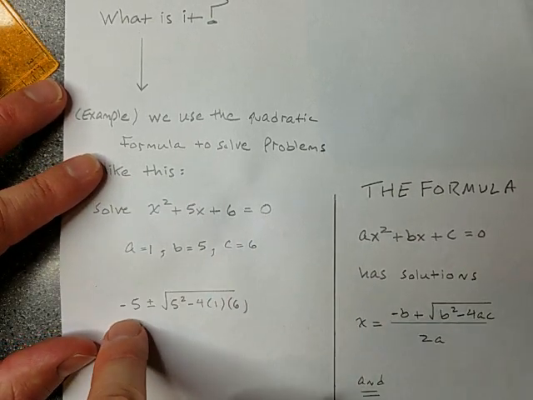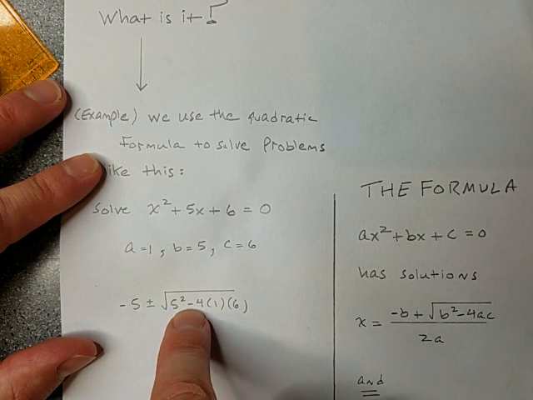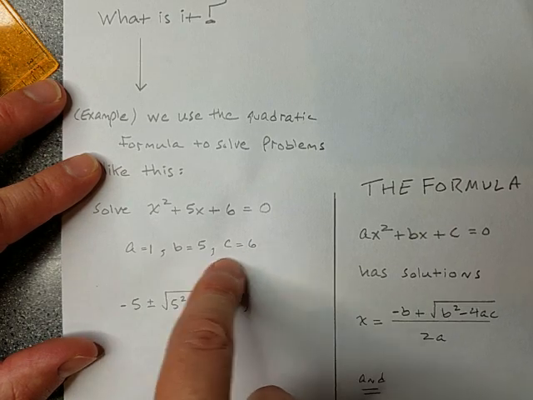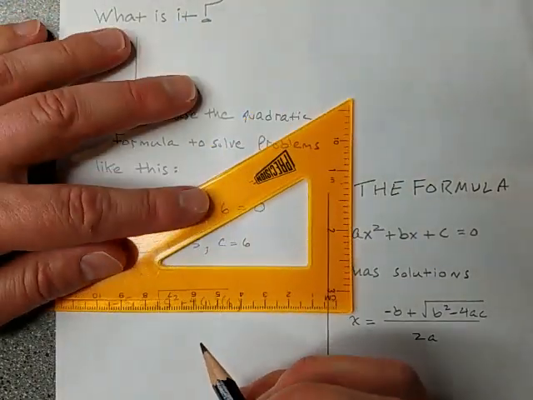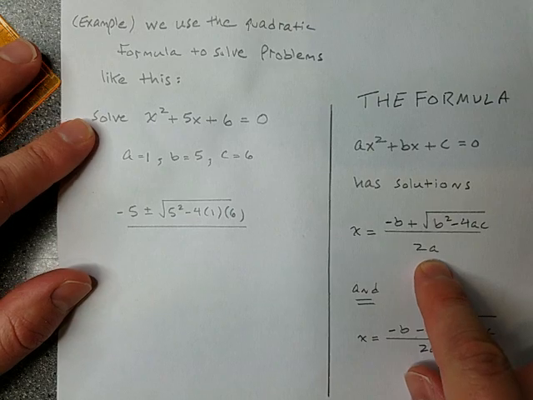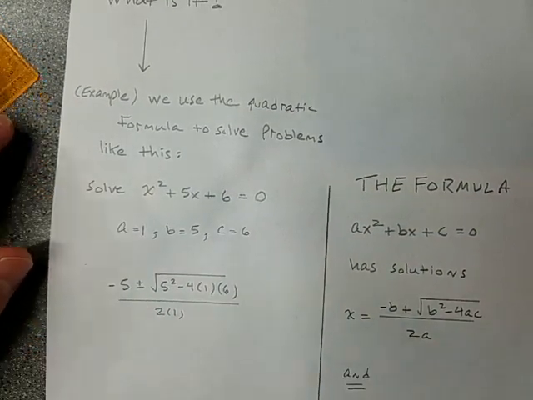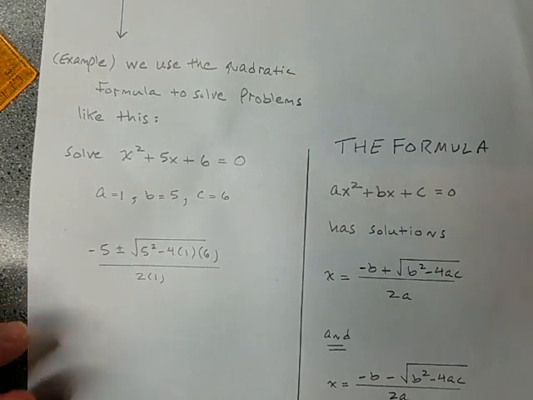The opposite of b plus or minus root b squared minus 4 times a times c. So once we identify what all the numbers are, we just plug them in and we see what we get. All right, what's the last part? Over 2a, so 2 times 1. So there's the whole formula. I went ahead and wrote the plus and minus together to save a little space.